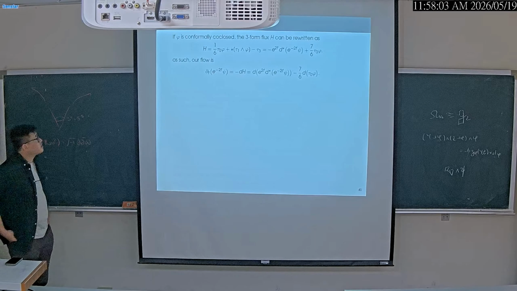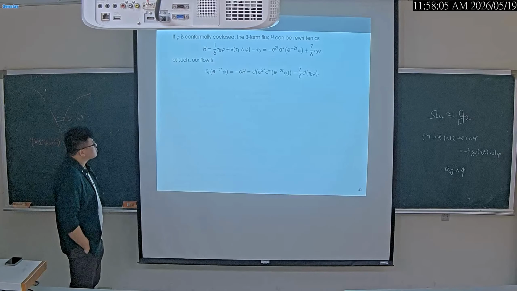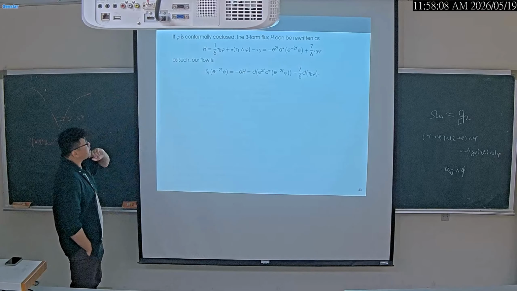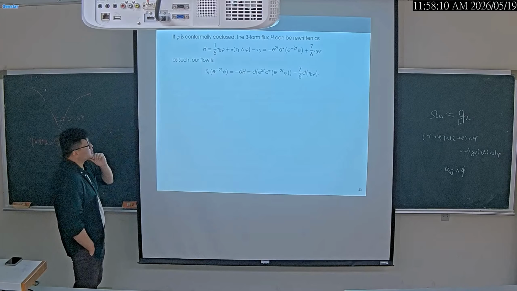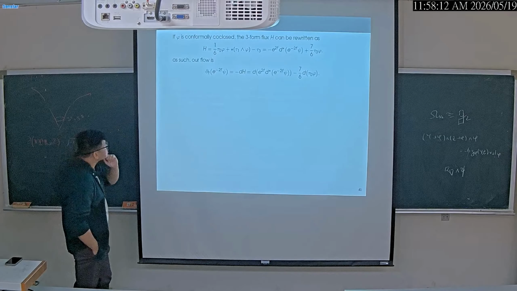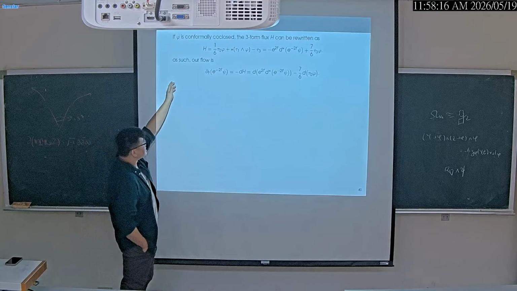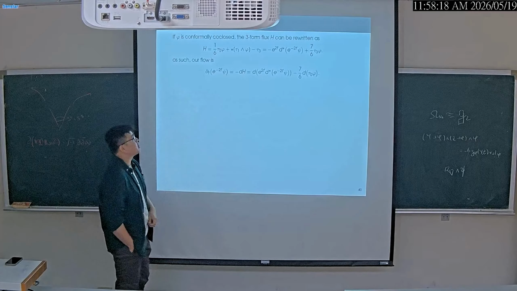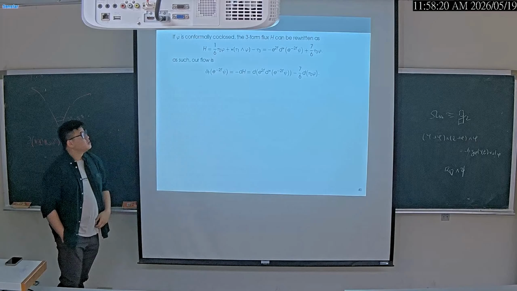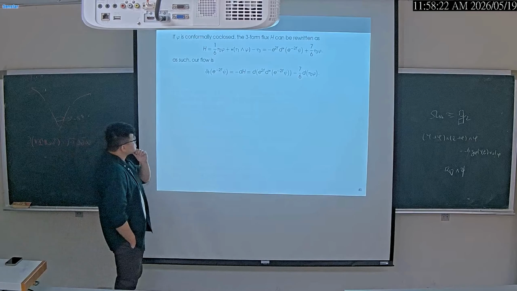So one thing about this anomaly flow is that you can rewrite H in a different way. So it turns out that dH looks almost like a Laplacian. Right?